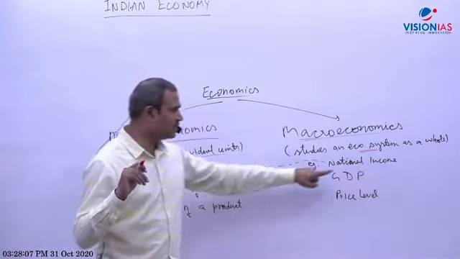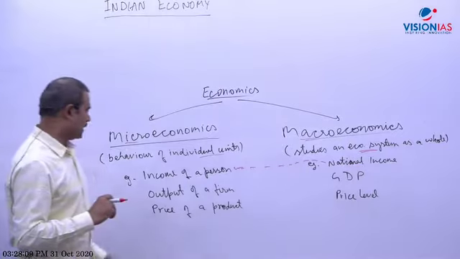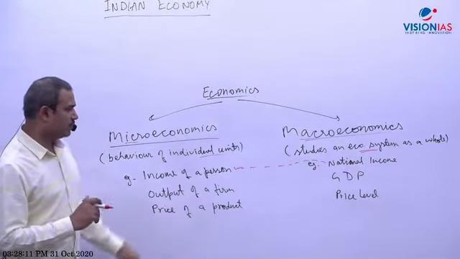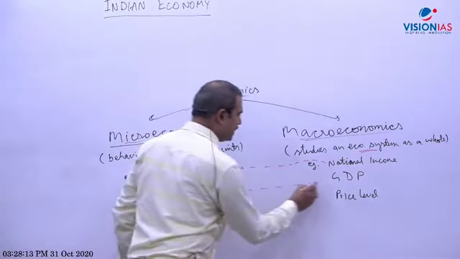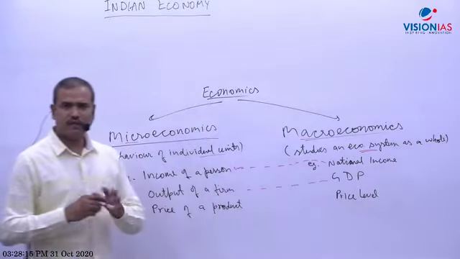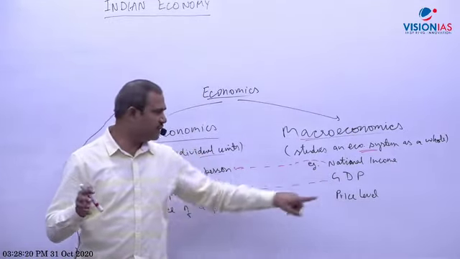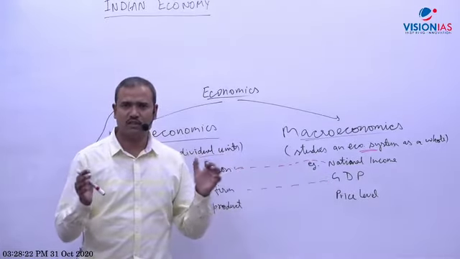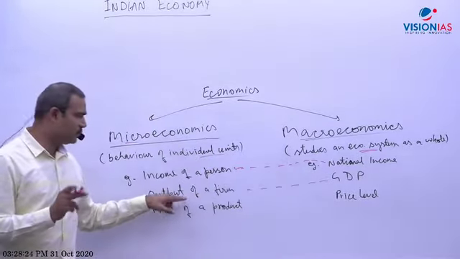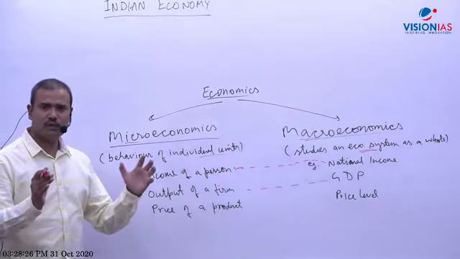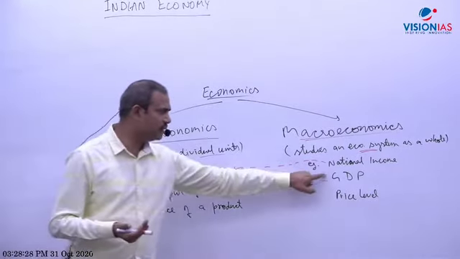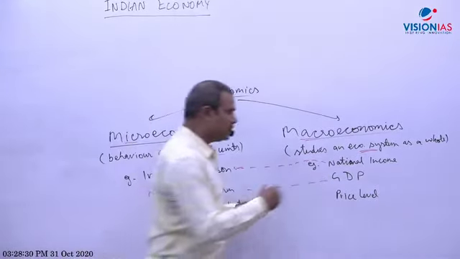So can we say this is the aggregate? And output of one firm: here we study GDP. When we add the value of all goods and services produced in a country, we get GDP. So this is production by one firm, and here the value of production of all firms is GDP. So these two are aggregates.